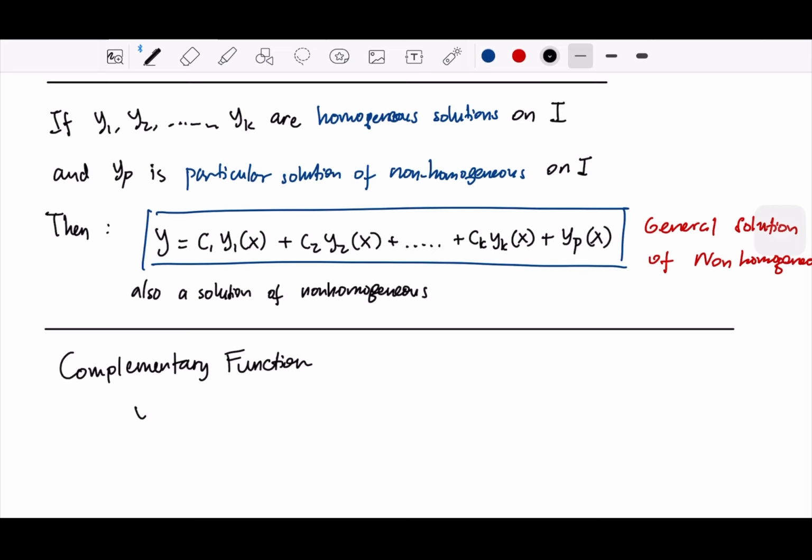Let me write the same general solution again, c1 y1 up to cn yn of x, and then plus yp.